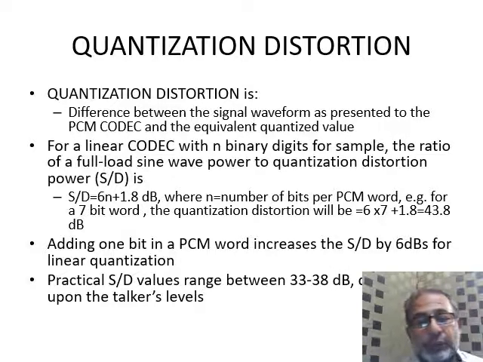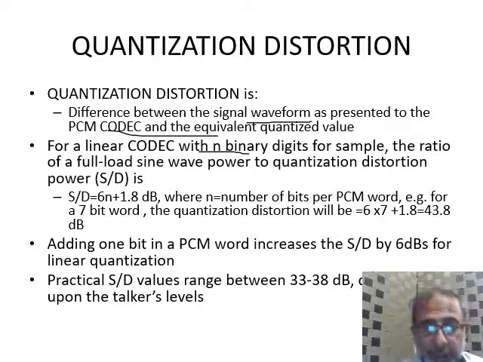Now let's see what is quantization distortion. It is the difference between the signal waveform as presented to the PCM codec and the equivalent quantized value. For a linear codec with n binary digits per sample, the ratio of a full load sine wave power to quantization distortion power, S over D, is 6n plus 1.8 dBs, where n is the number of bits per PCM word.